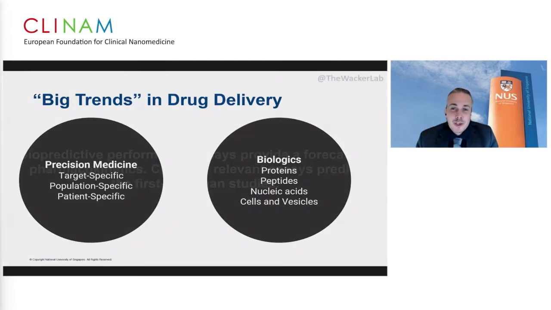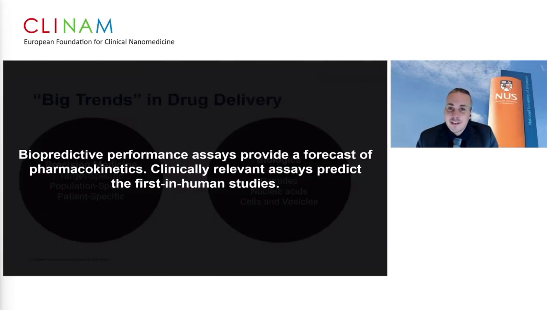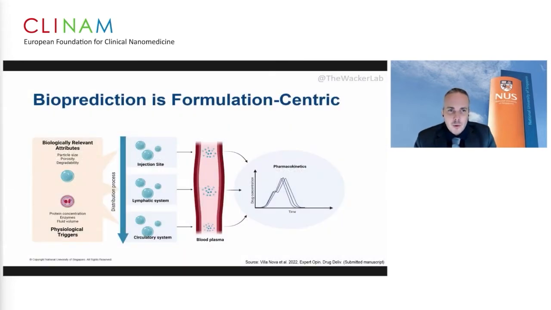So for those who still don't know what bioprediction is, I provide also a definition. Biopredictive performance assays provide a forecast of pharmacokinetics, and clinically relevant assays predict the first-in-human studies. That is the basic idea of this discipline. So how has bioprediction changed under the impression of those huge trends that I pointed out?